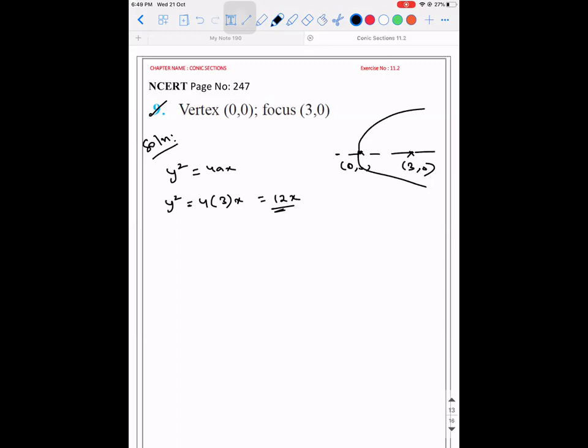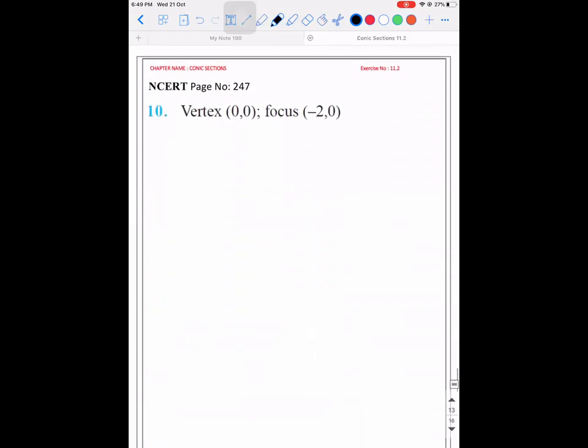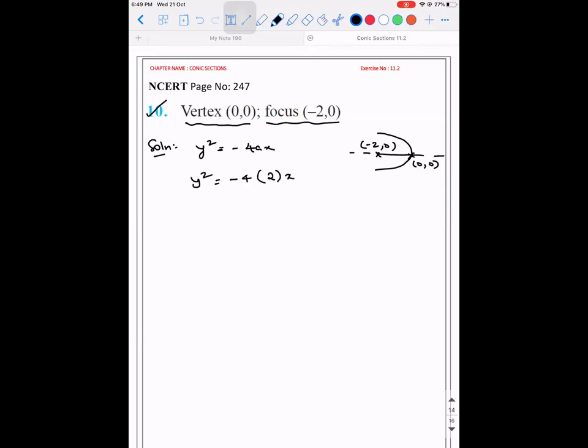Next question. y square is equal to minus 4ax. So y square is equal to minus 4 into a is 2 into x. So y square will be equal to minus 8x.